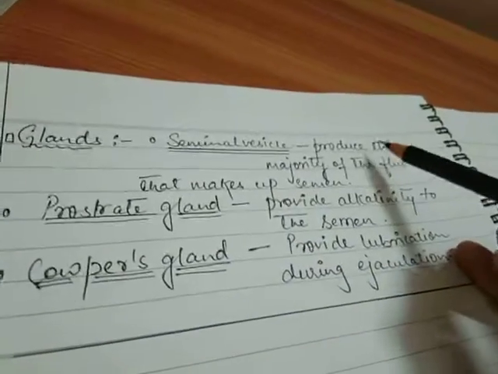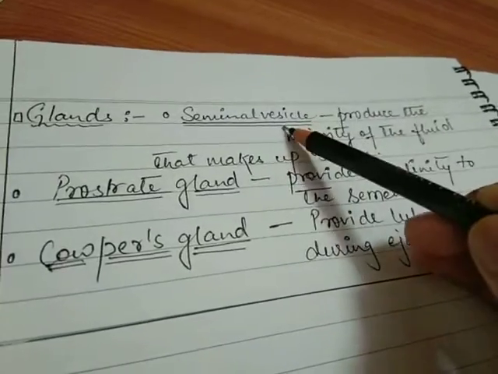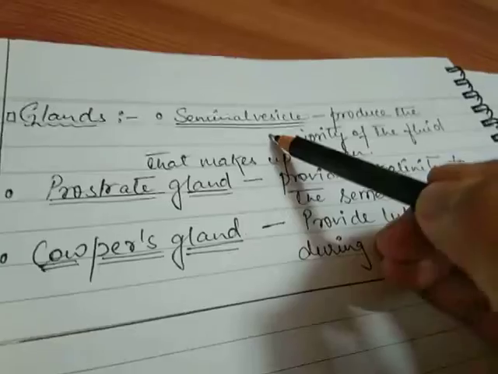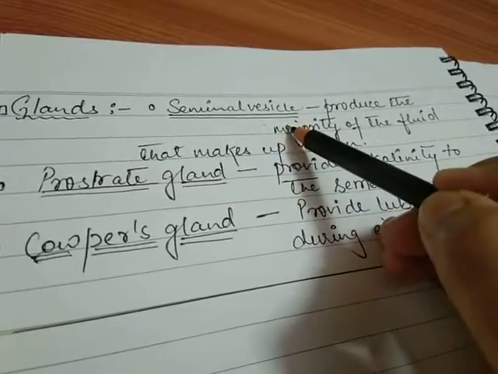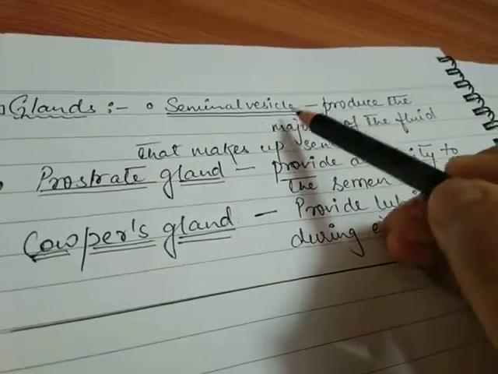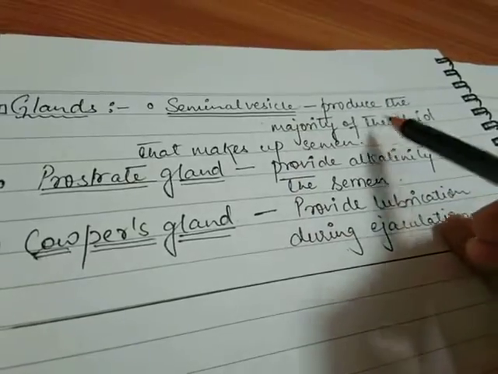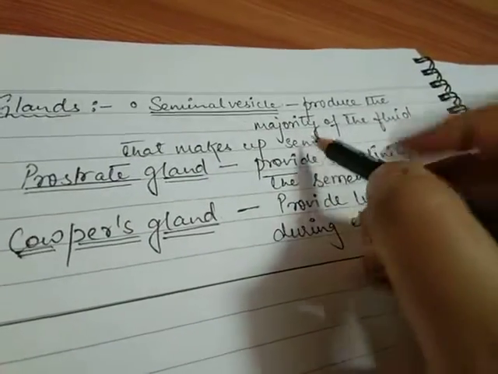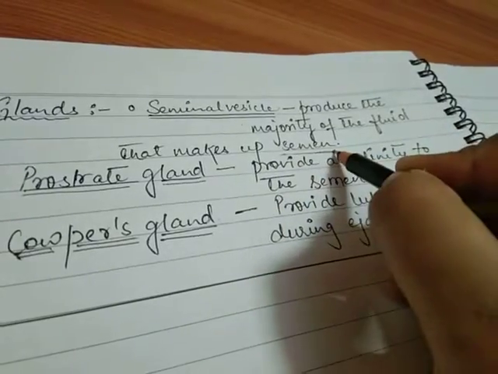Finally, we have the glands. The male reproductive system mainly consists of 3 types of glands. The very first is the seminal vesicle. The function of the seminal vesicle is to produce the majority of the fluid that makes up the semen. What is semen over here?